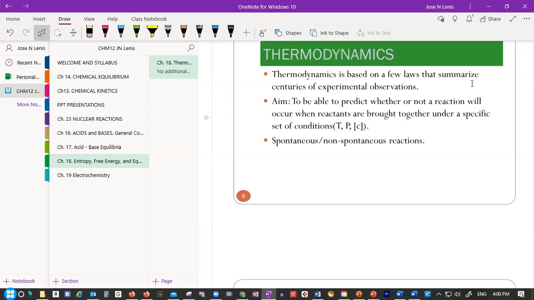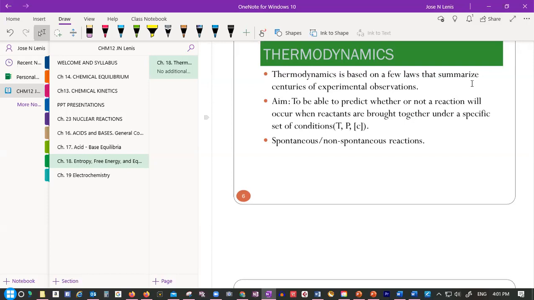Also, we are going to apply these concepts to see the relationships between energy and equilibrium. And we are going to find different ways to calculate the equilibrium constant for a chemical reaction.